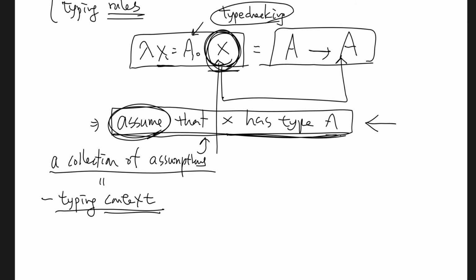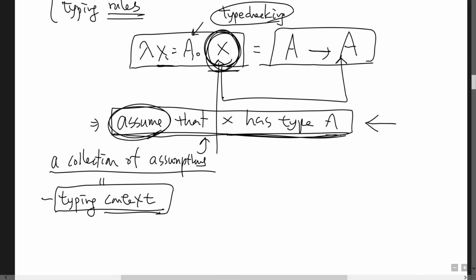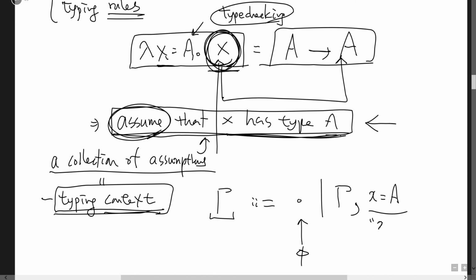So let's formally define this typing context. For historical reasons, we usually use the Greek letter gamma for typing context. A typing context gamma is defined as either the empty set, which is our notation for the empty set, or an existing typing context extended with a new assumption that x has type A. The meaning of this notation is the assumption that x has type A, and we call this a type binding.